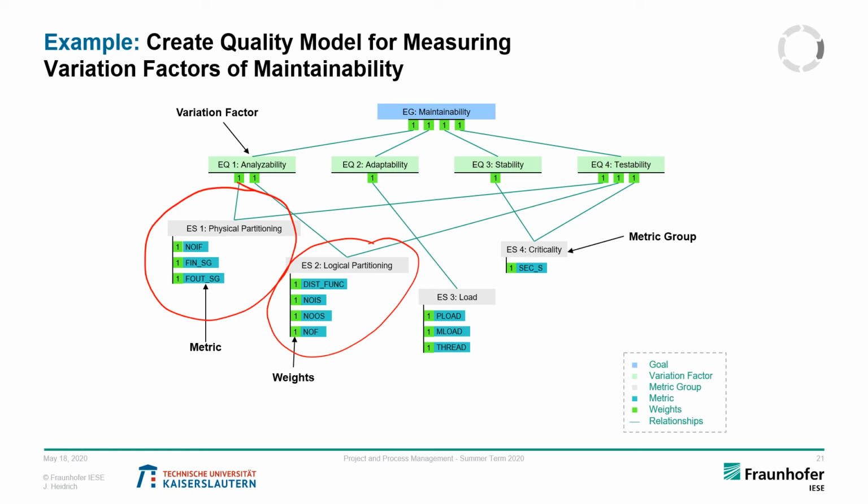So if certain messages are sent around, for instance, to another control unit, we have a certain fan-in and fan-out, or other numbers of functions that are required for the functionality of our control unit. In addition, we also have information about the load of the control unit and the criticality of the control unit.